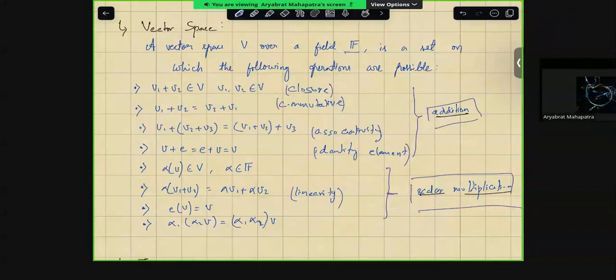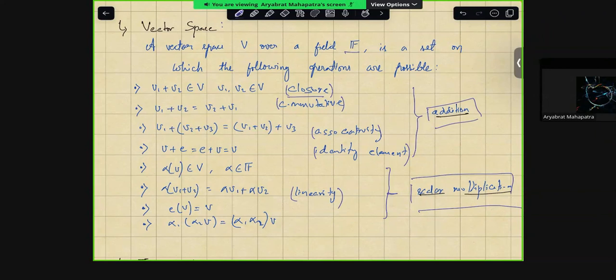The properties under addition satisfy the closure property. If you have a vector v1 and a vector v2, and the addition gives you some vector, let's say v3, then that v3 has to belong to the vector space V.